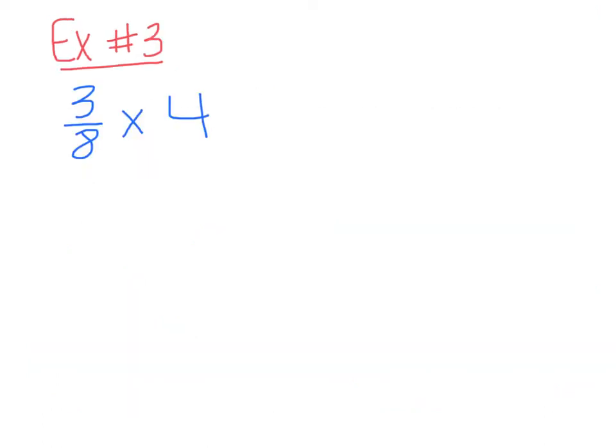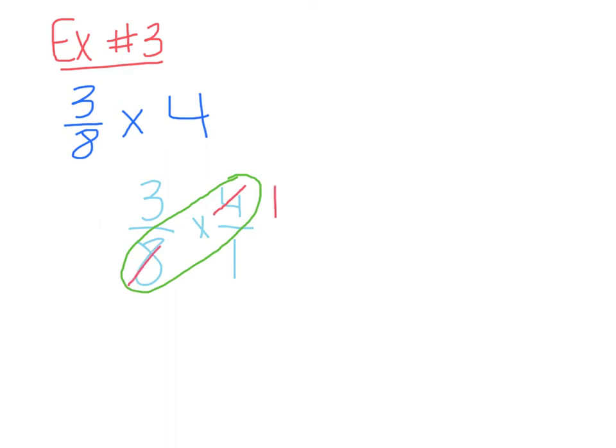Example number 3, we have 3/8 times, and we put 4 over 1. Now let's go ahead and look across. We have 4 and 8, which can both be divided by 4. 4 divided by 4 becomes 1, and 8 divided by 4 becomes 2.